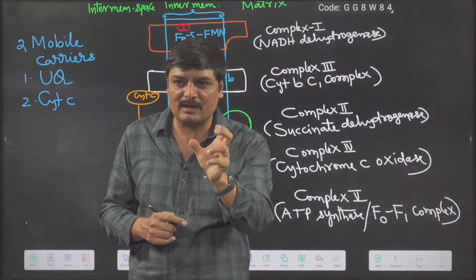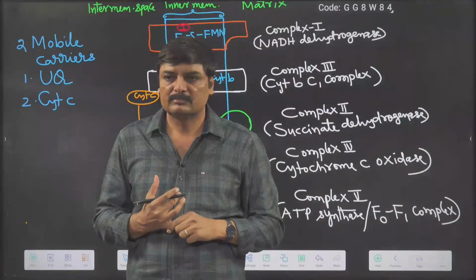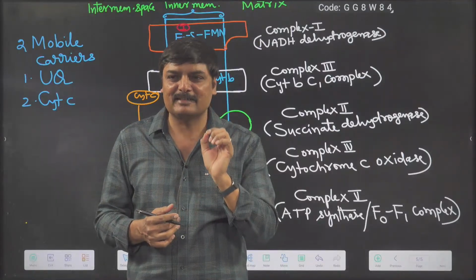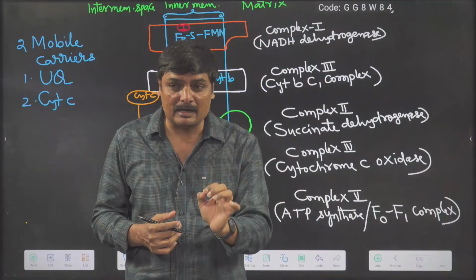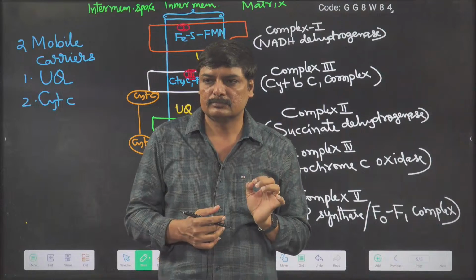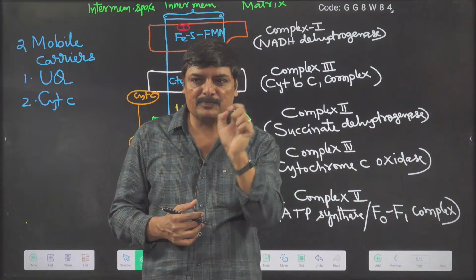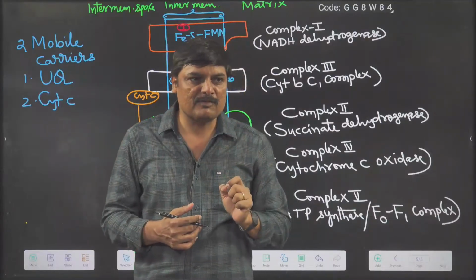The outer surface of inner membrane contains cytochrome C, a mobile carrier between complex 3 and complex 4. It takes electrons from complex 3 and transfers them to complex 4. This is the function of cytochrome C.